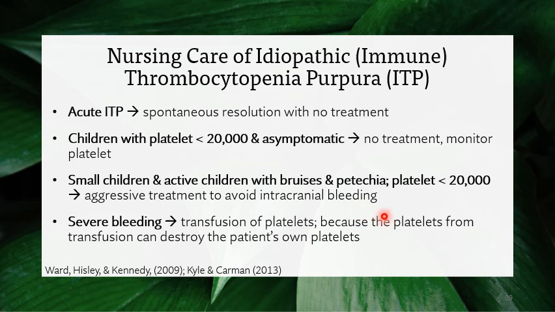But when the patients come with severe bleeding like epistaxis, you have to make sure that you help with transfusions of platelets. But again, transfusion of platelets needs to be considered, because once we give platelets, the body will then make another antibody that will also destroy the patient's own platelets. So that's what we need to be aware of.